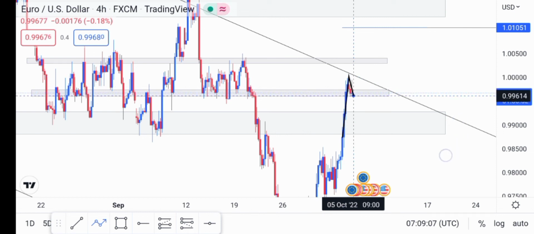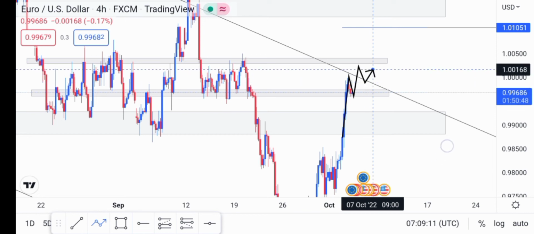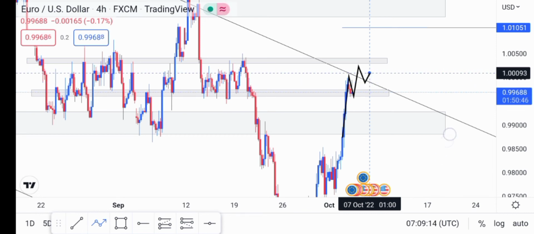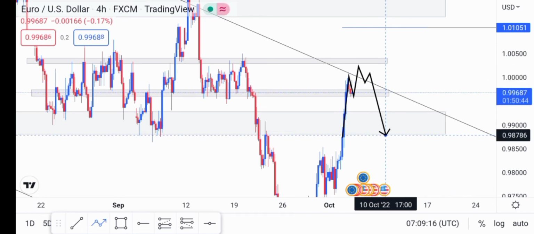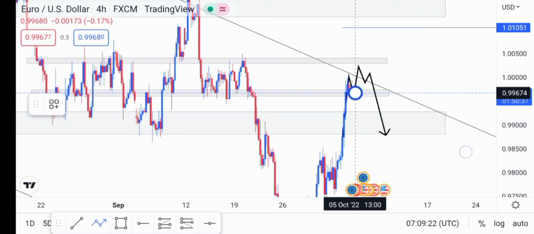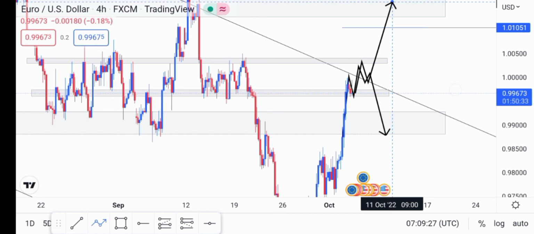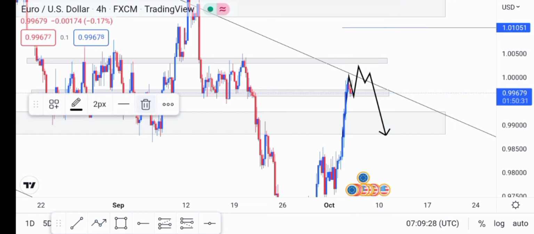So it's either going to see this kind of movement, maybe this kind of movement before it pushes to the lower side, or we could see a movement like this, a push from this point right over here, then a retest and a push to the upper side.